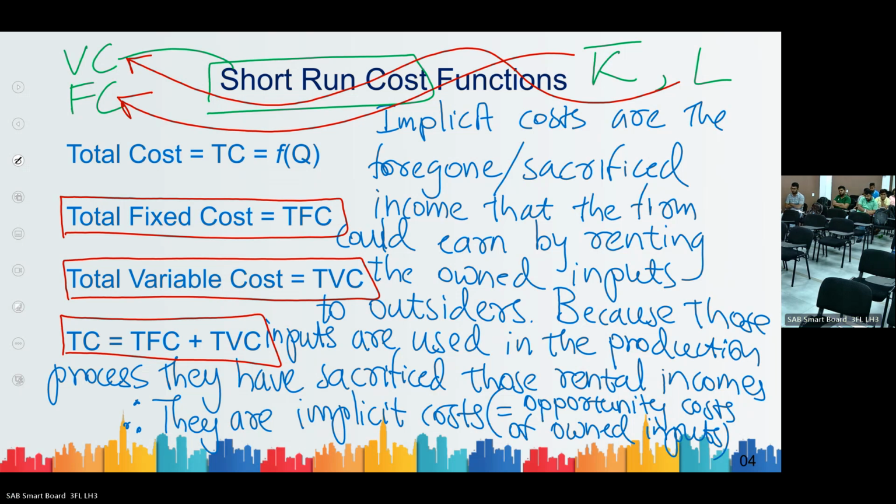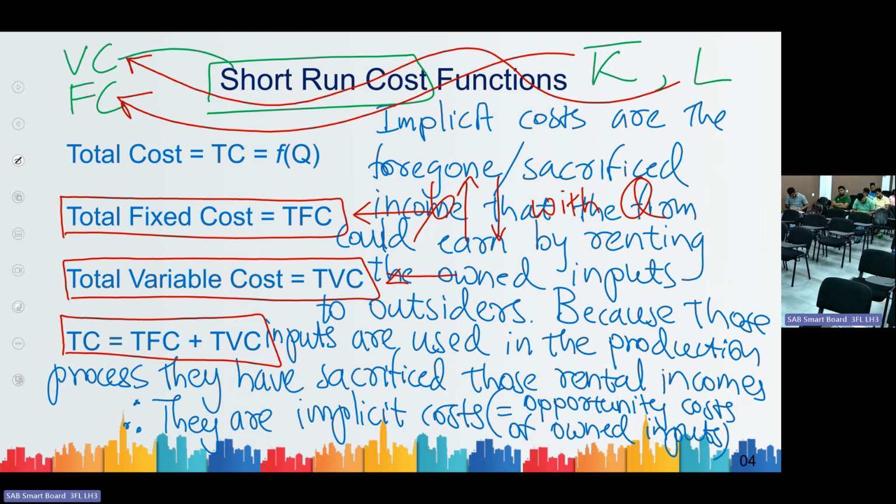Total cost is the summation of total fixed cost and total variable cost. Total fixed cost does not change with output.